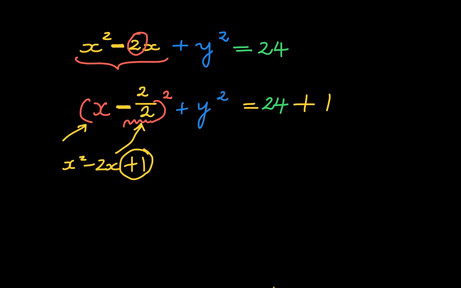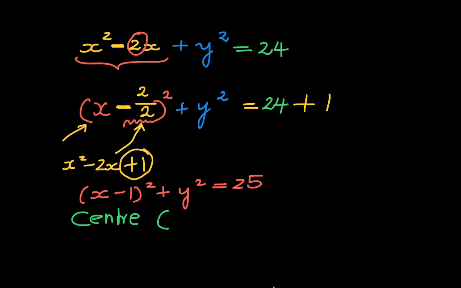Okay, so now my equation is (x minus 1) squared plus y squared is equal to 25. Now I can make a statement about the coordinates of a center as well as the radius of the circle. So what are the coordinates of a center?